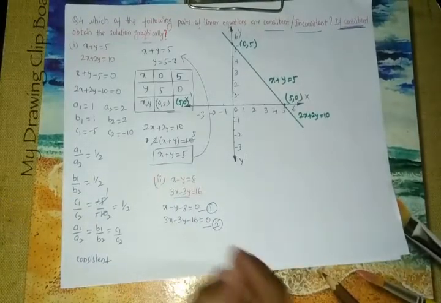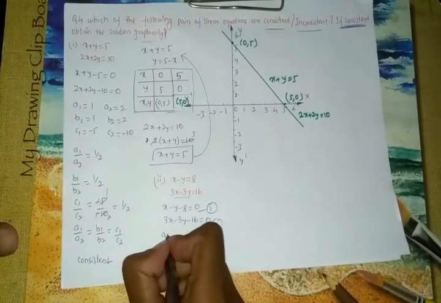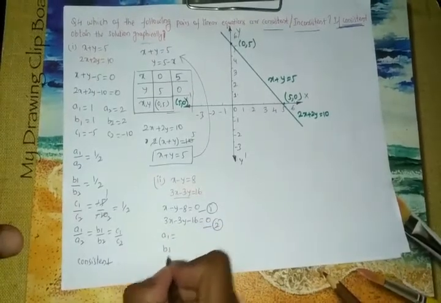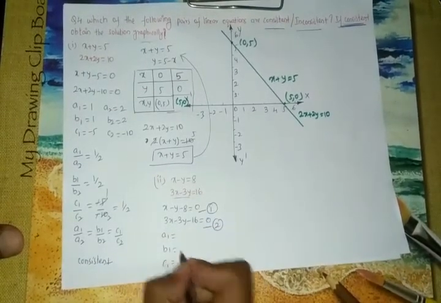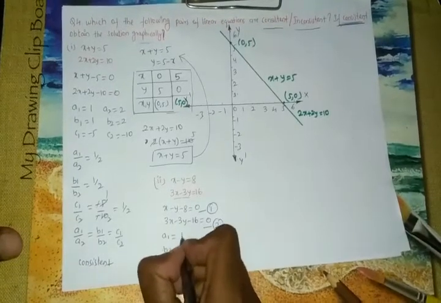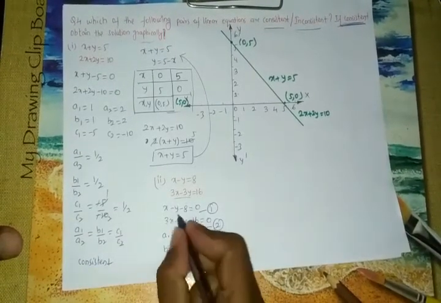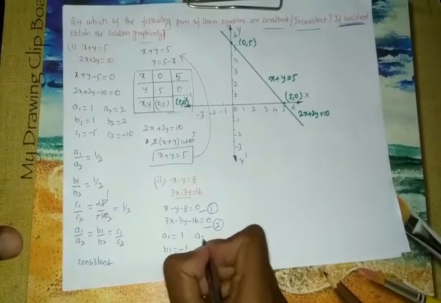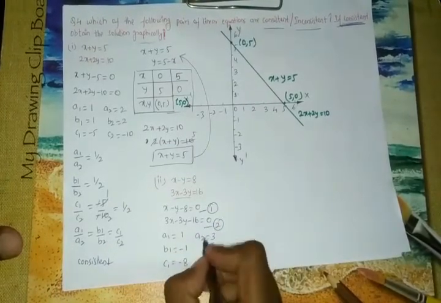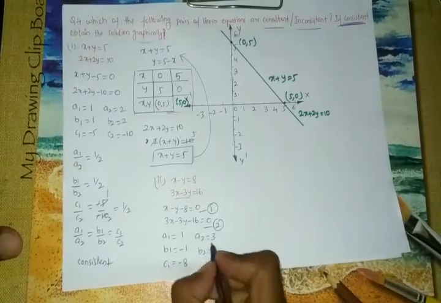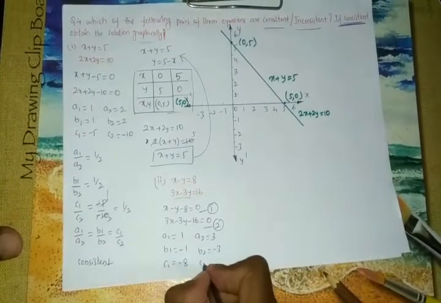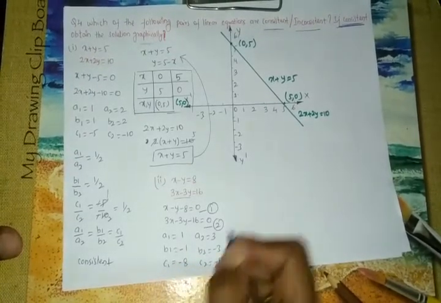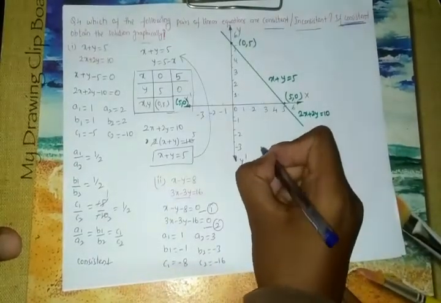So we need to find a1, b1, c1 and a2, b2, c2. a1 is 1, b1 is minus 1, c1 is minus 8, a2 is 3, b2 is minus 3, c2 is minus 16.